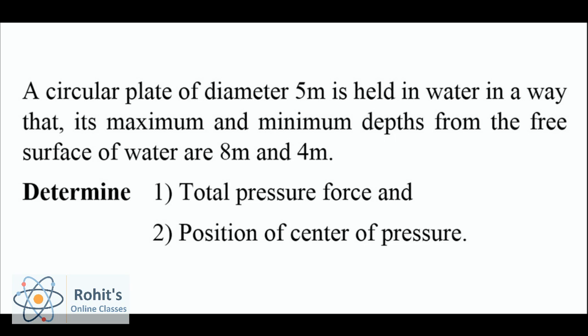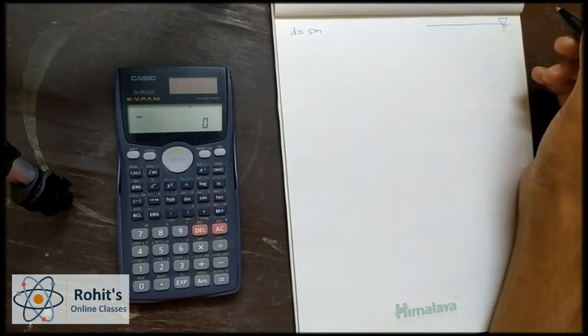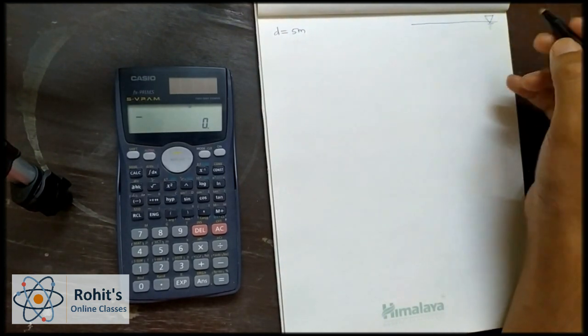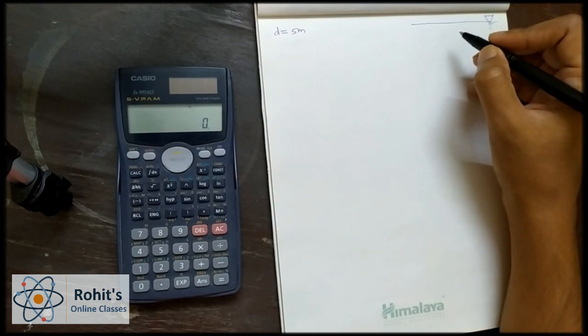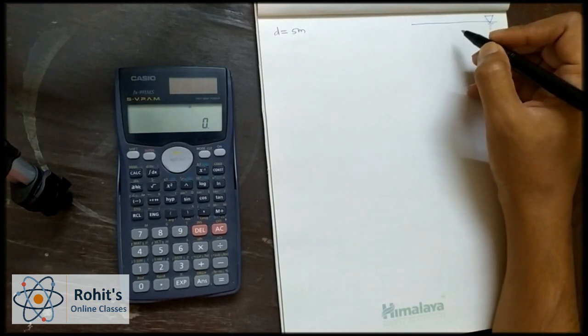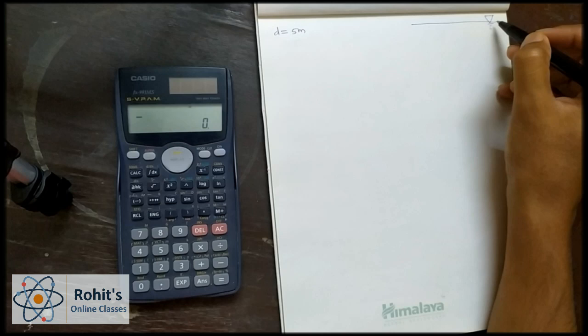So I will draw the diagram of the free surface of water over here. So this is our free surface of water. And below this water the circular plate is held in such a way that it has a maximum and minimum depth from the free surface of water.